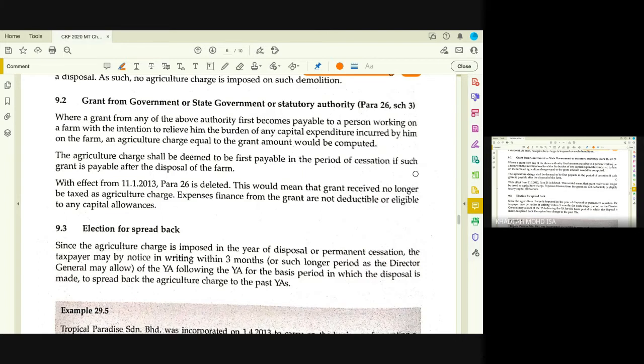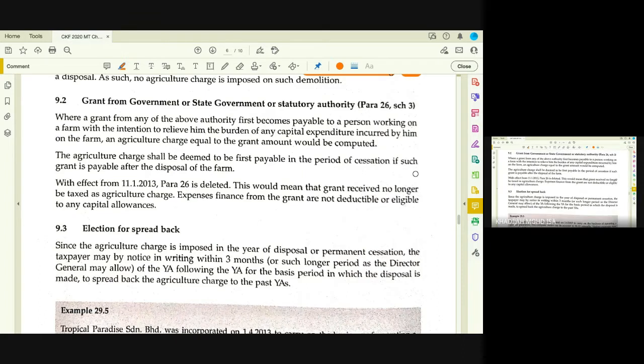So later you'll see that if you have any expenses paid out from the grant or subsidy that you receive, you cannot claim those as deductible expenses or as capital allowance. So you have to make it very clear which expenses are paid from the grant, and which are the normal expenses paid from your business income.